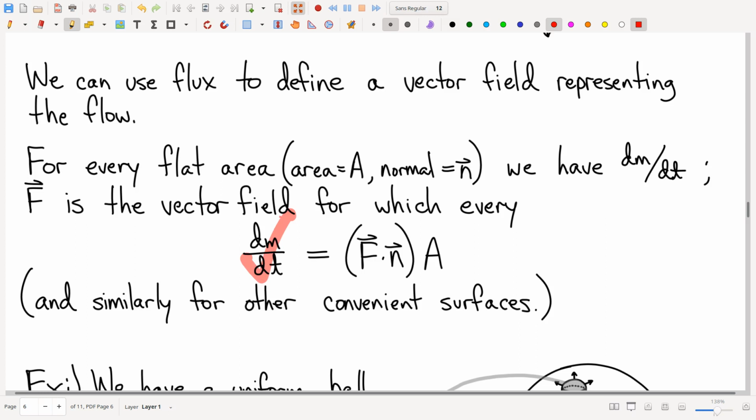And if you can empirically measure that, then that allows you to talk about a vector field that would give that empirically observed answer, by way of the usual flux formula. And so this is how we actually define a vector field representing a fluid flow in cases where the photons are actually going multiple directions.